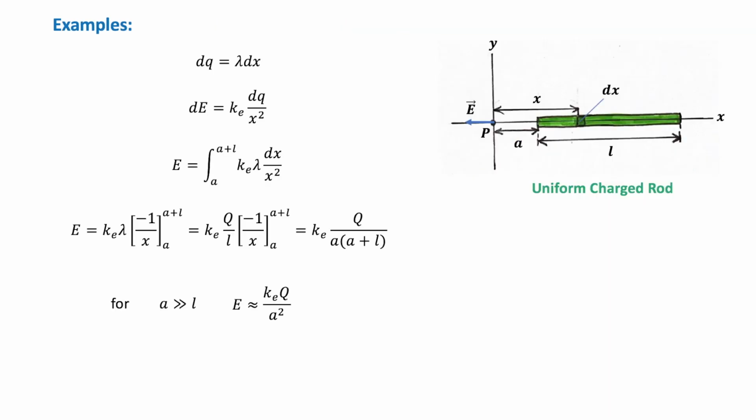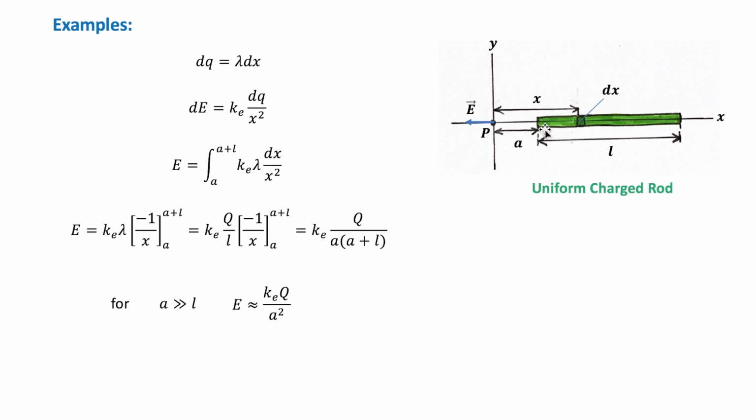So let's see some examples here of charged objects. Let's first consider a uniformly charged rod of length L. It has a uniform positive charge density per unit length lambda, and the total charge Q, capital Q. Let's calculate the electric field at a point P along the x-axis, a distance of a from the end of the rod.